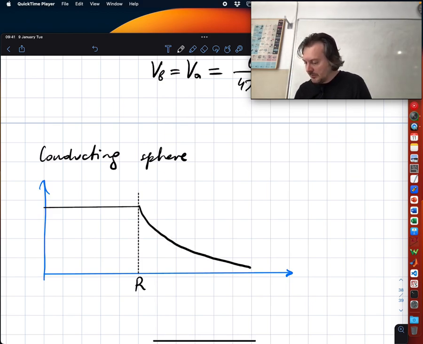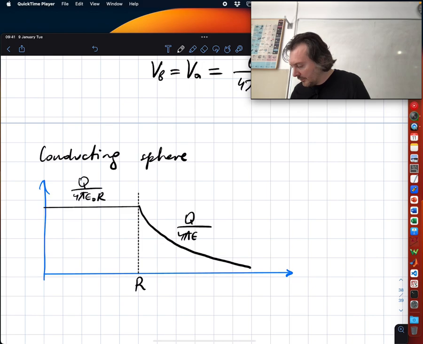It falls down with 1 over r. Inside Q over 4 pi epsilon 0 R, outside Q over 4 pi epsilon 0 small r.